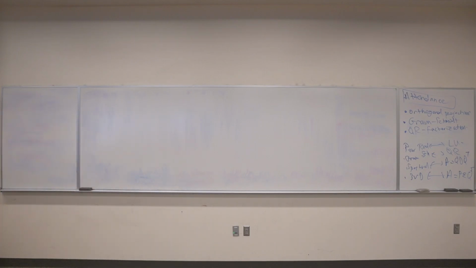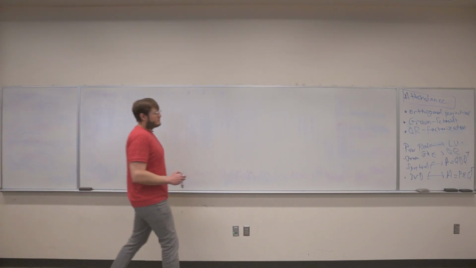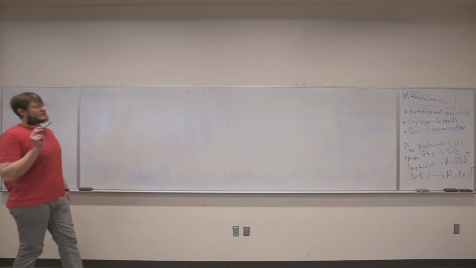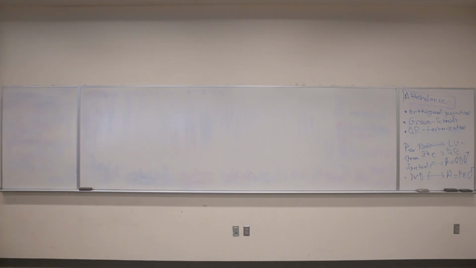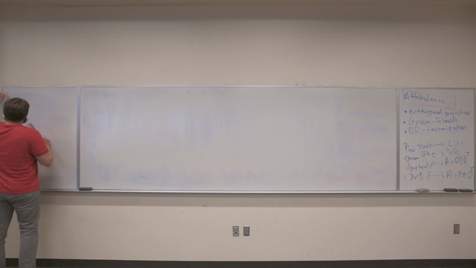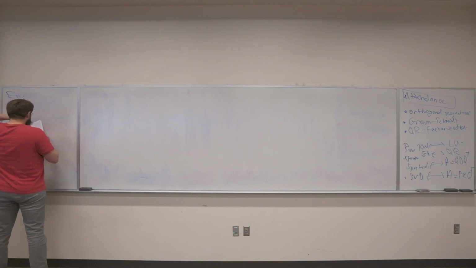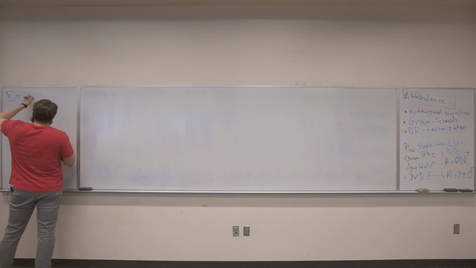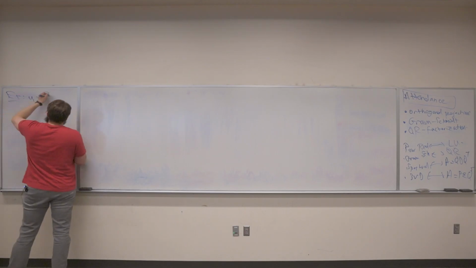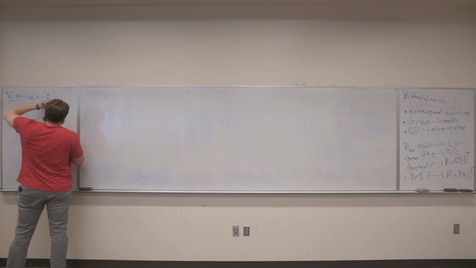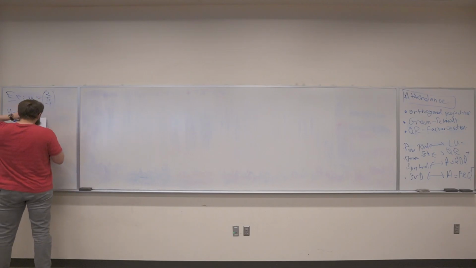Okay, now I want to do a couple of things. I'm still not done with this example we were looking into. We were looking into orthogonal projection in 3 dimensions onto a 2-dimensional subspace. Let me remind you the formula, or the numbers that we had already. So U1 is 2, 5, minus 1. U2 is minus 2, 1, 1.